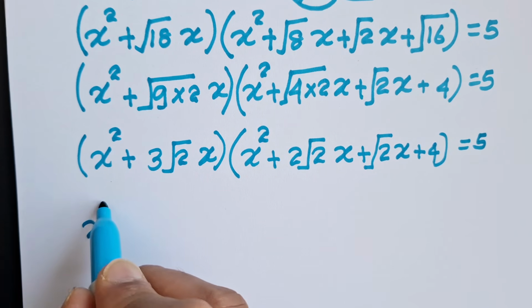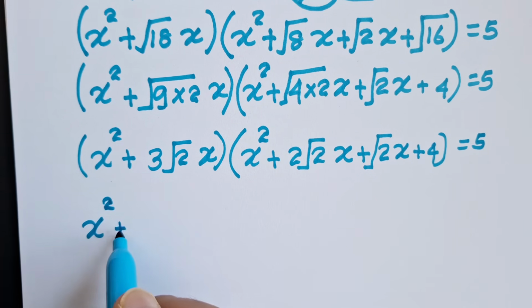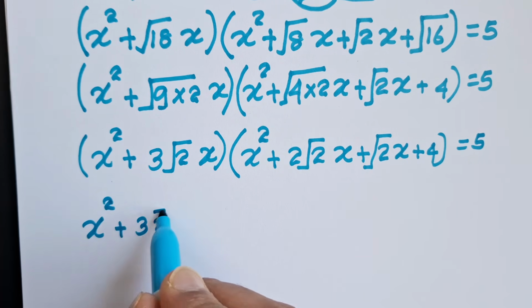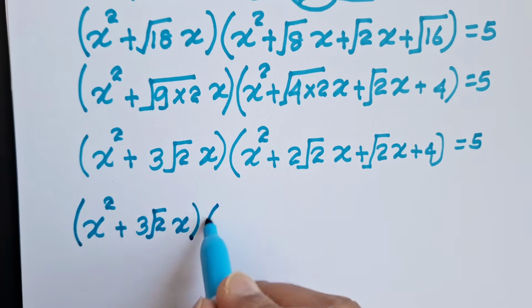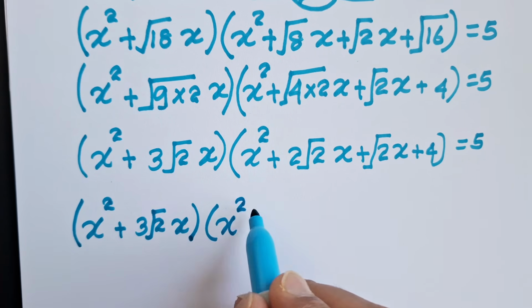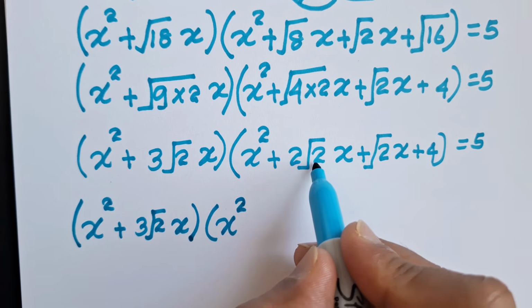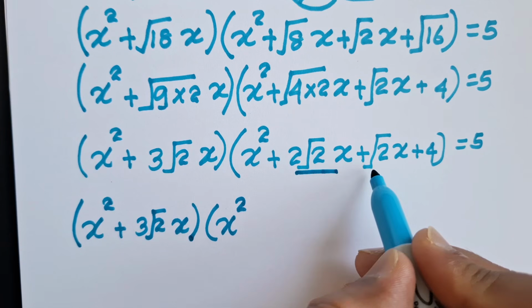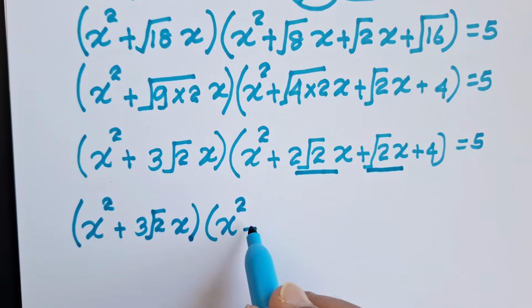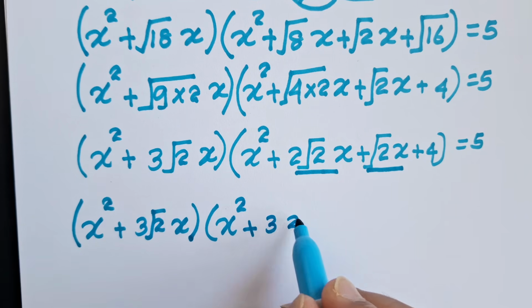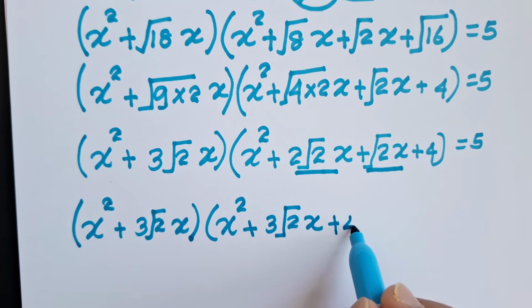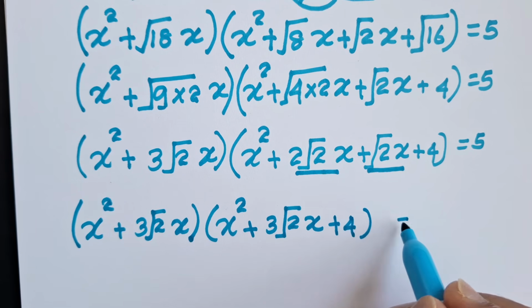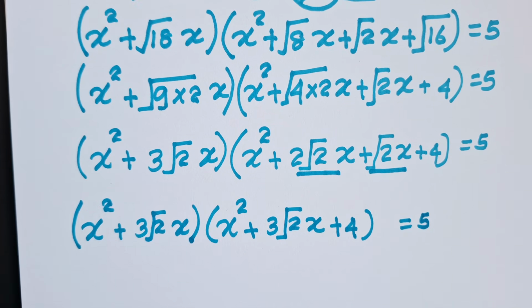Then we have x squared plus 3 times square root of 2 times x. Here in the parentheses we have x squared plus 2 times square root of 2 times x plus 1 times square root of 2 times x, altogether 3 times square root of 2 times x, plus 4 is equal to 5.